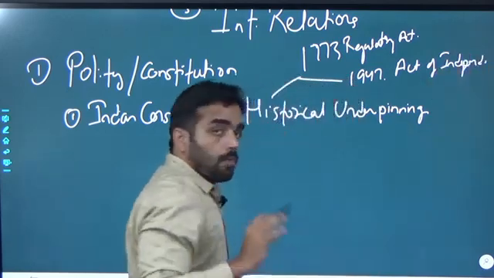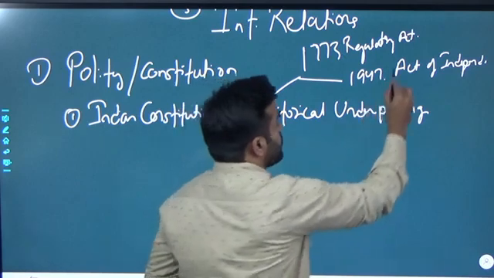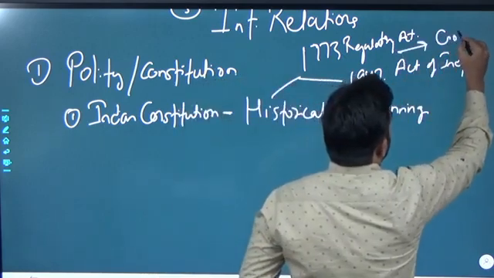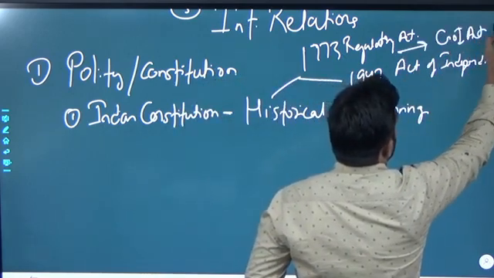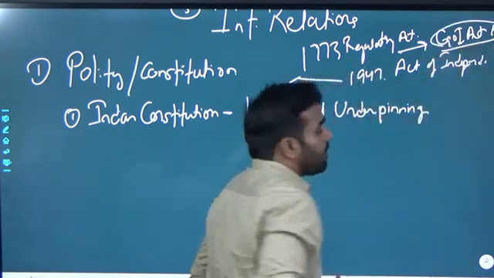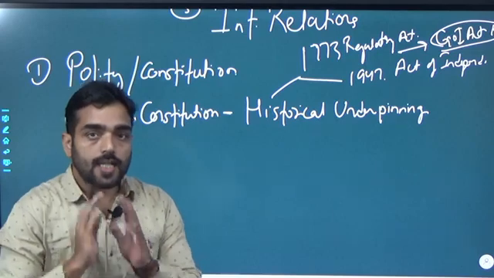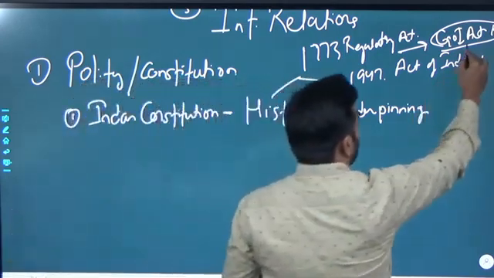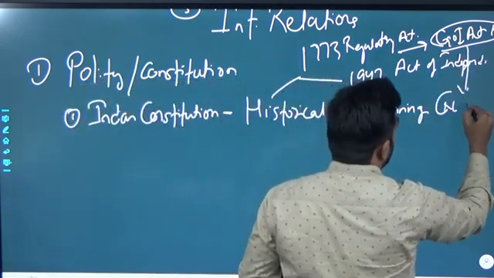And in this, the most important development is the Government of India Act 1935. So the Government of India Act 1935 acts as a skeleton to our Constitution of India.